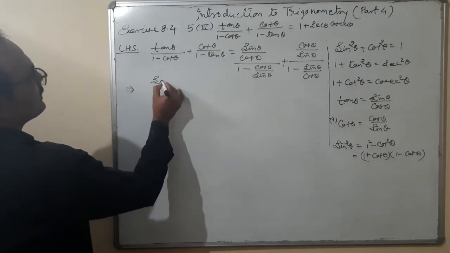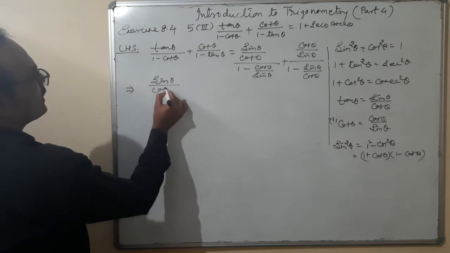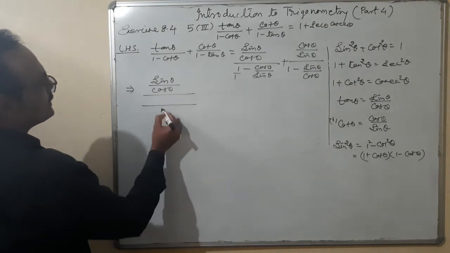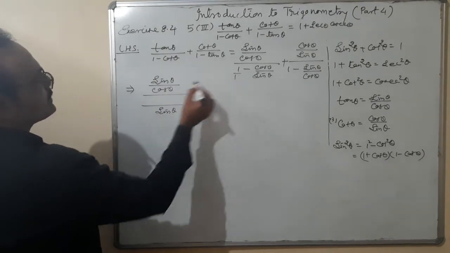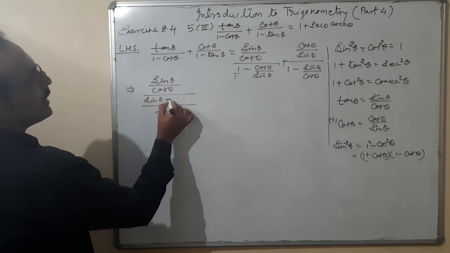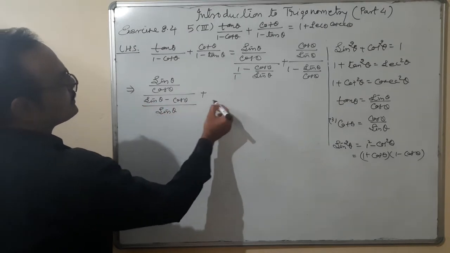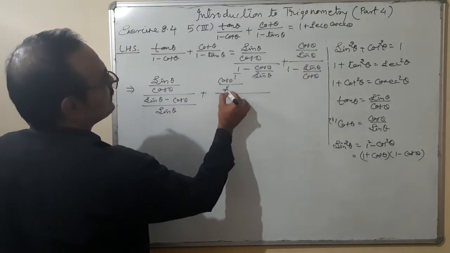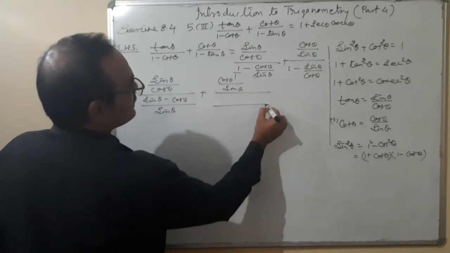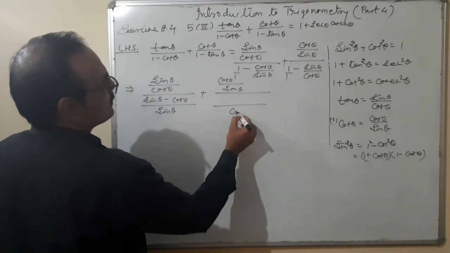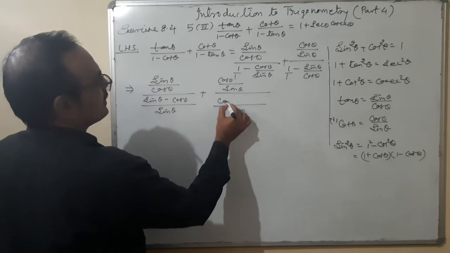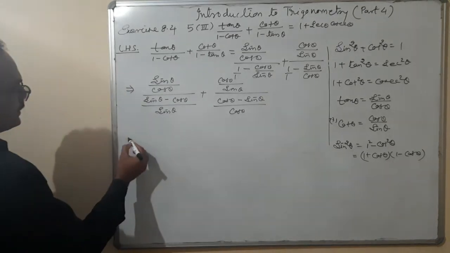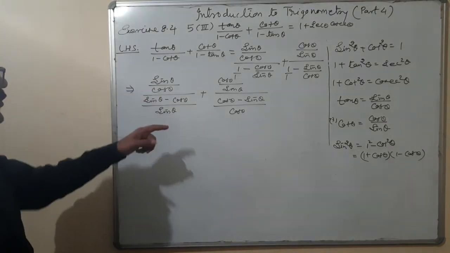It is coming sin theta upon cos theta upon, LCM of 1 and sin theta, that is sin theta. It is coming sin theta minus cos theta, plus this is cos theta upon sin theta. Again, here is the LCM of 1 and cos theta, so that is cos theta minus sin theta. Okay. Now we have got here 1, 2, 3, 4 terms.